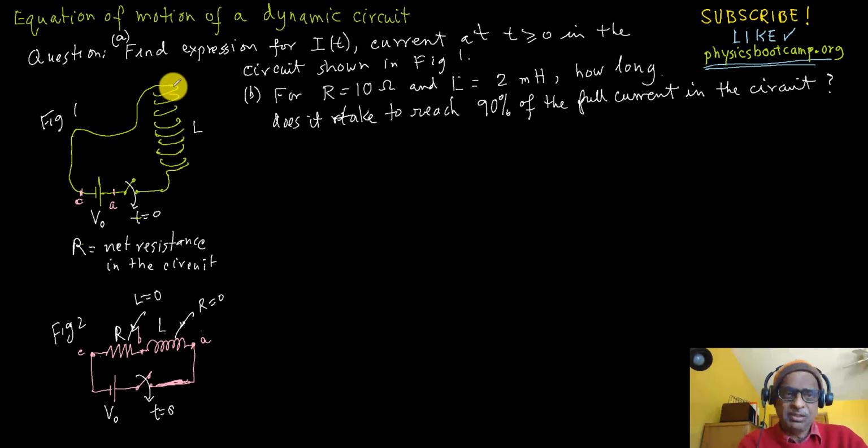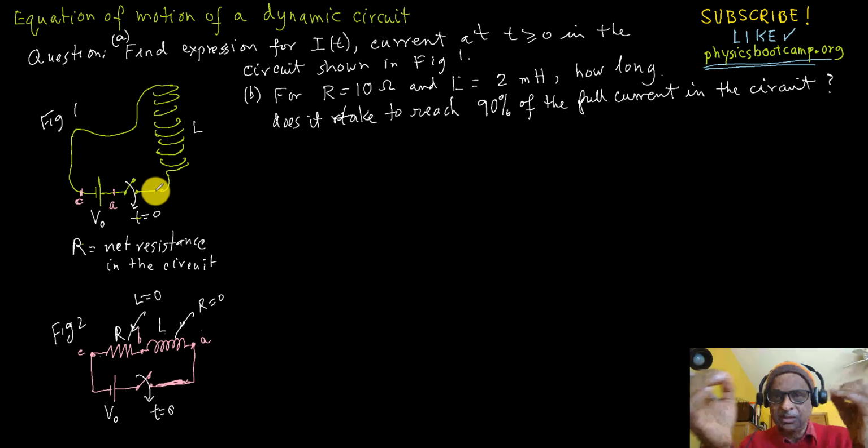So now we have the same circuit as the last video, but now we want to know the growth in the current, how the current grows in this circuit. When you turn this on, it doesn't immediately become the full current. It actually takes time, and that's called inductive effect or self-inductive effect.